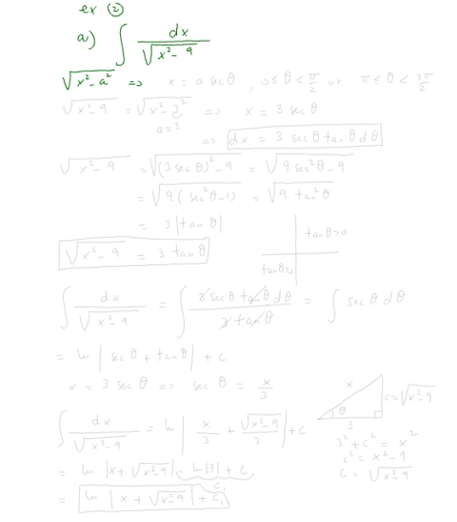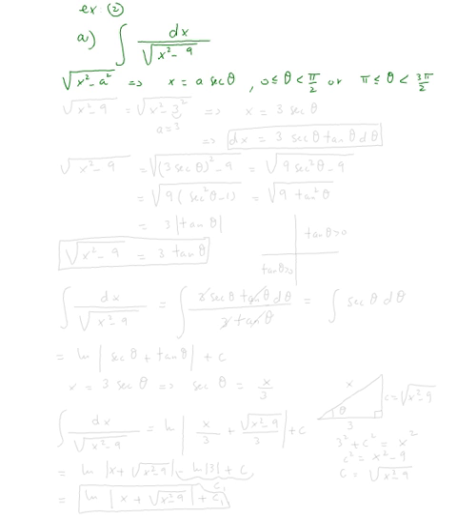which means that we're going to use x equal a secant theta, and we want theta to be between 0 included and pi over 2, or theta to be between pi and 3 pi over 2.